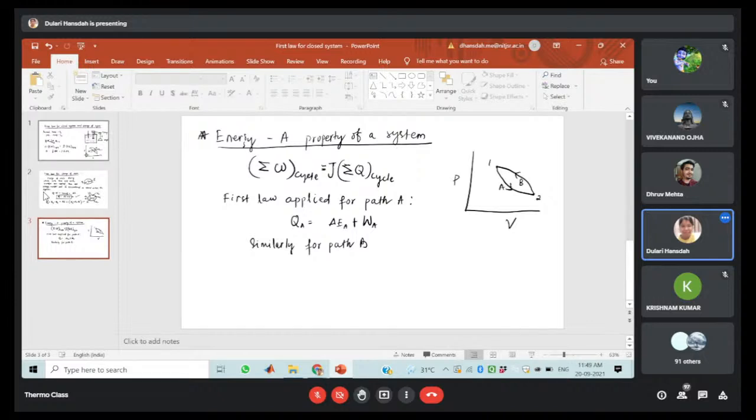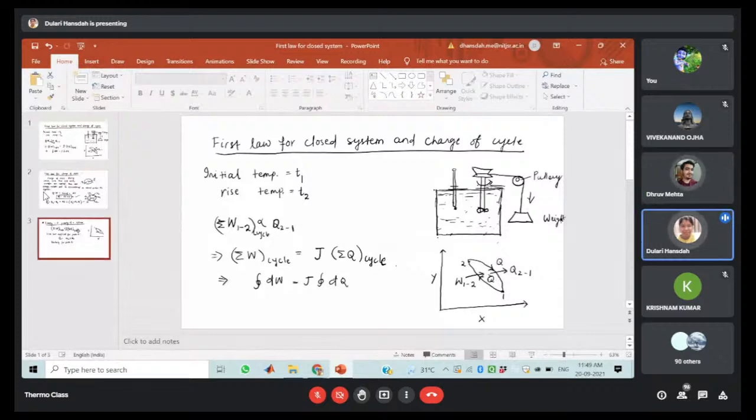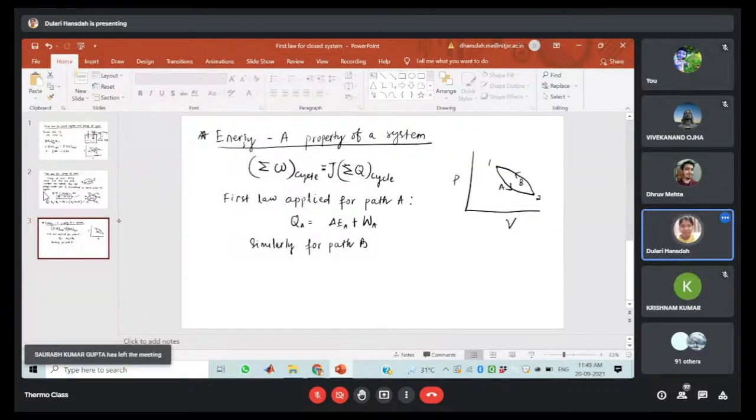If Q cycle is a particular value, and if Joule's constant is 1, like we have taken, then W will be equal to Q. But if J has a different value, then W will have a different answer. But J we are taking as the constant, as unity.